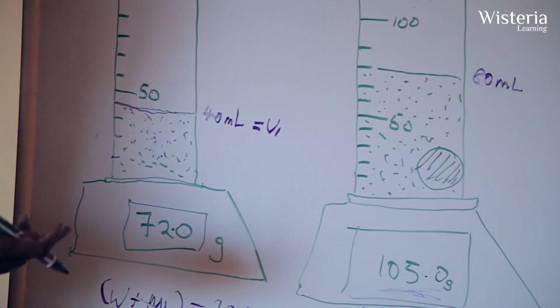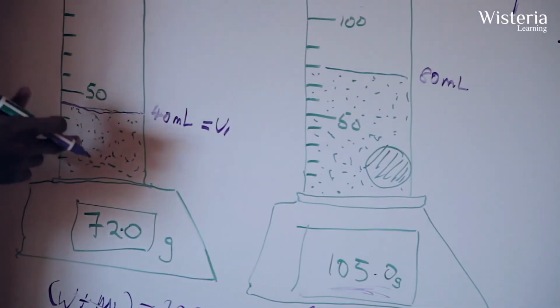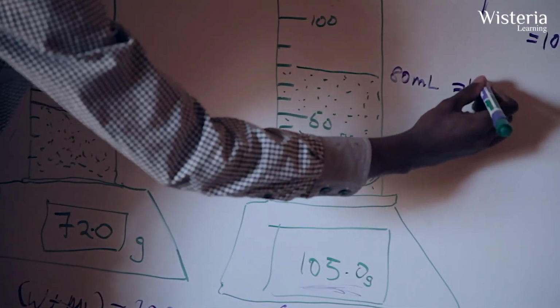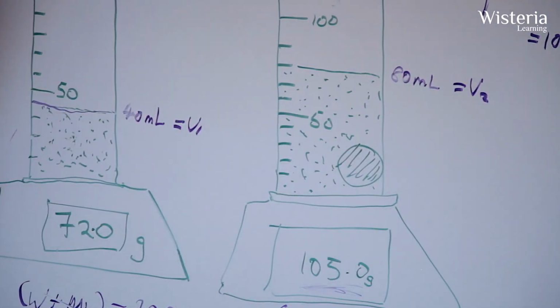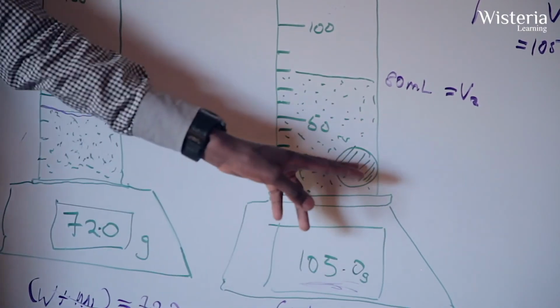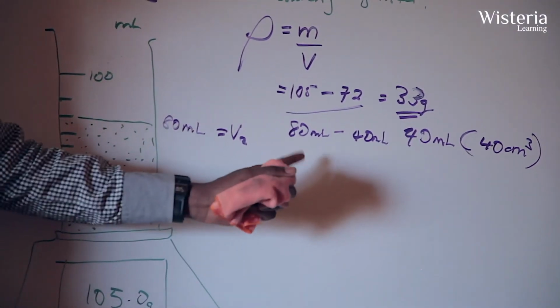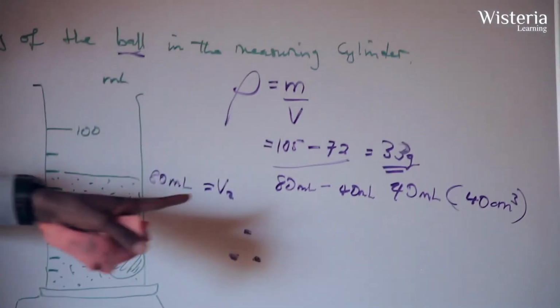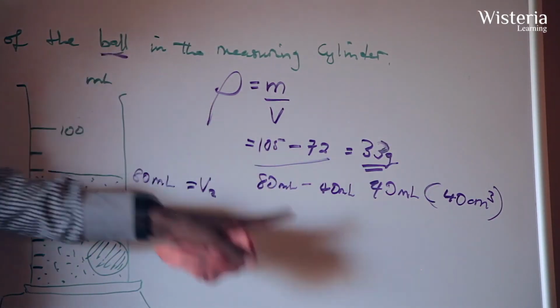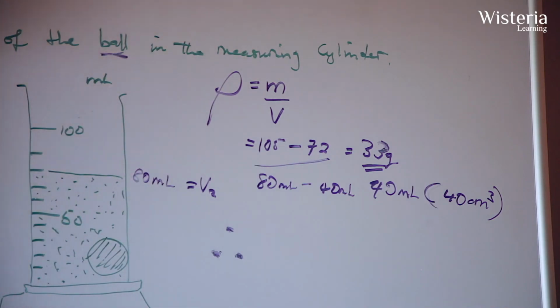After the ball was lowered into this measuring cylinder, the water level rises, and this gives us volume 2. So subtracting the two will get the volume of the ball. In order to now determine the density of the ball, we have the mass of the ball, 33 grams, and the volume of this ball, which is 40 cubic centimeters.